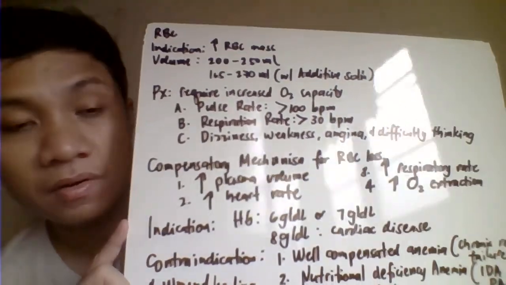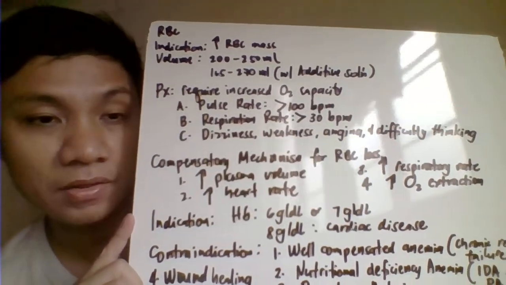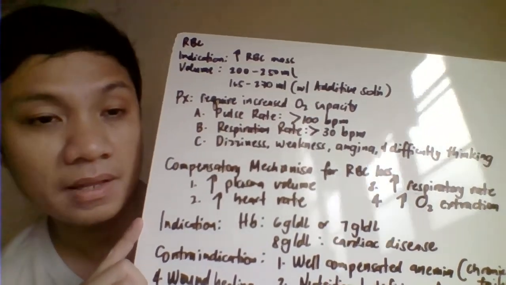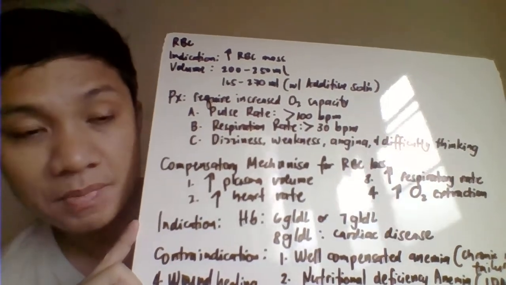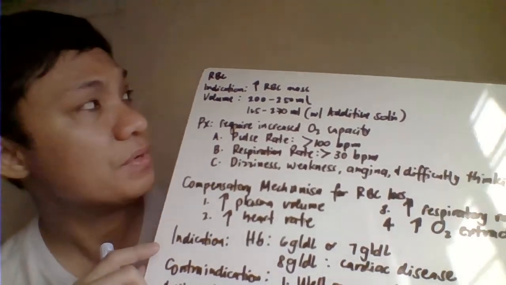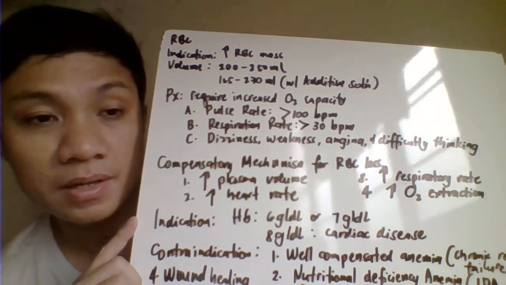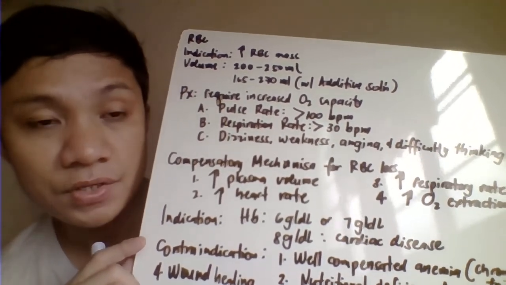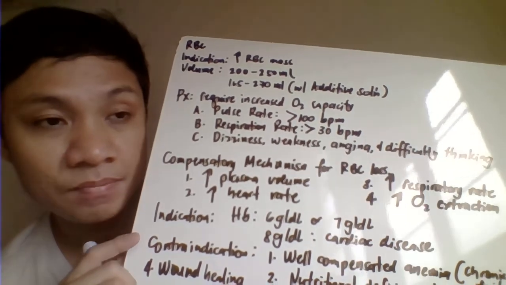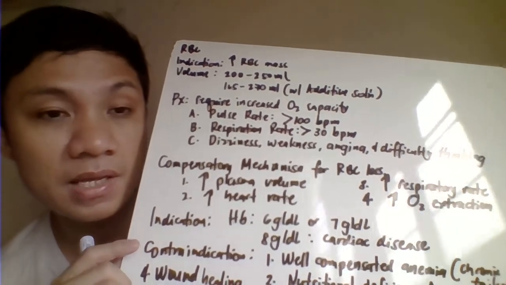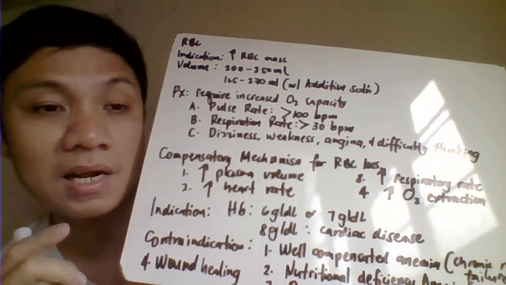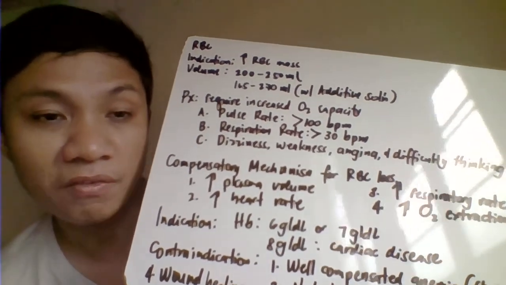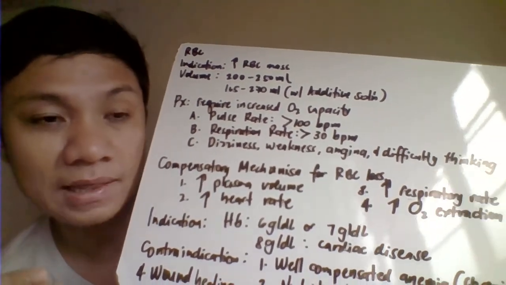Okay, then we have the RBC. We're talking about PRBC, packed red blood cells. So RBC, or red cell, or packed red cells, is basically for the transfusion of patients who require oxygen carrying capacity, primarily increasing the RBC mass only, not the volume or plasma component.